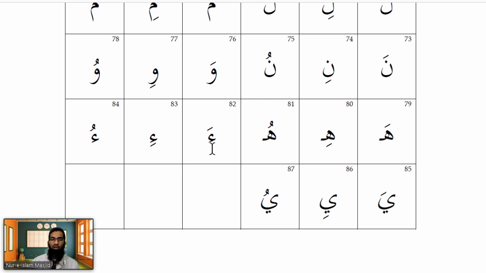To note here, the sheen with a dhamma, and all dhammas, have a u sound, right? And for the u sound, you have to actually put your lips together in a round shape. So shu. And if for example the kaf had a dhamma on it, you would say ku, and the ku sound is actually a u sound.